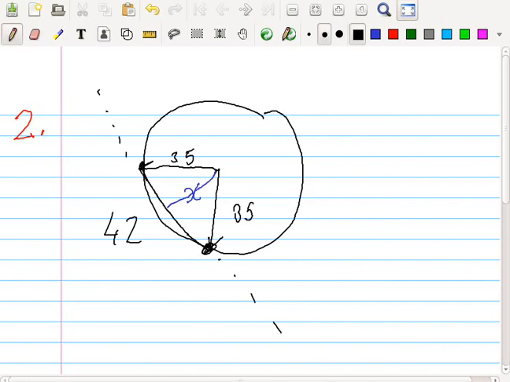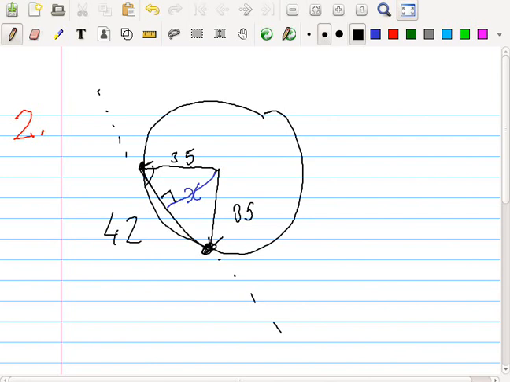Now, if you think about it, you have all 3 sides here, which means it's enough to know all 3 angles. Probably the most important angle you should try to find is, I'd say, this angle.